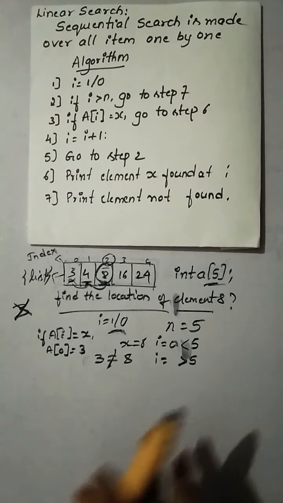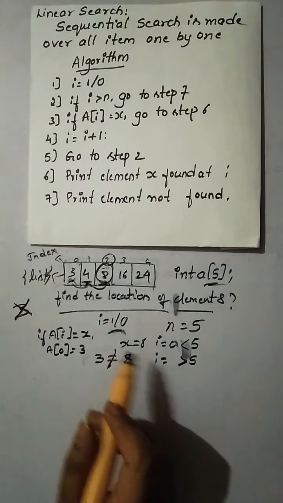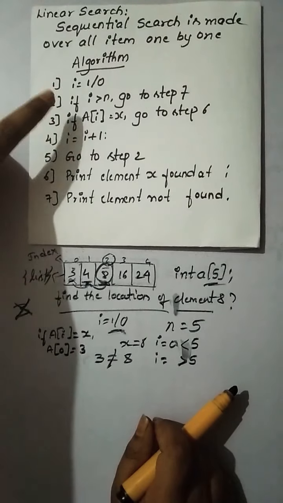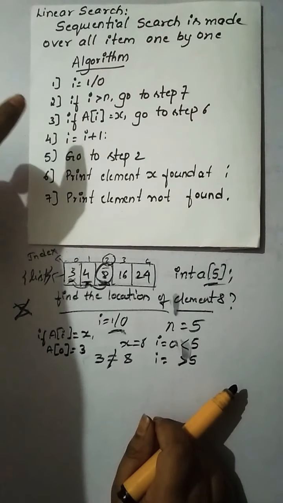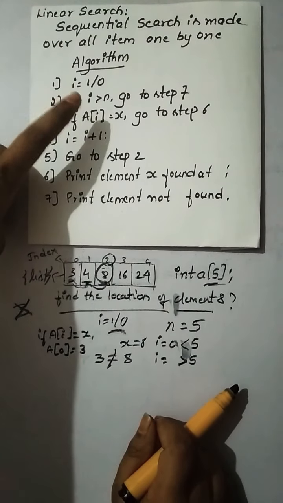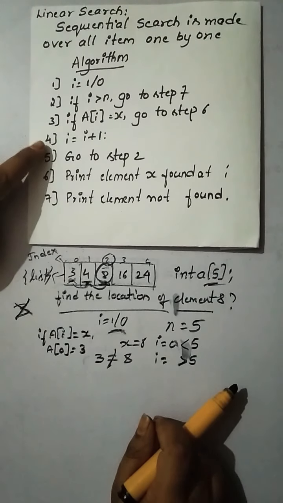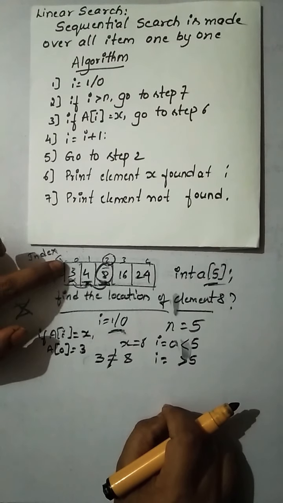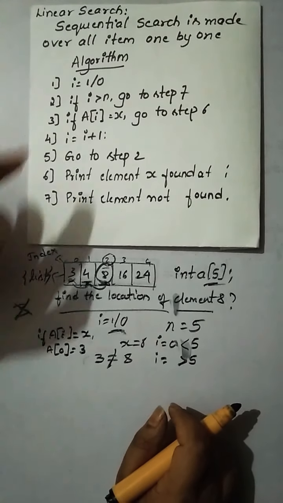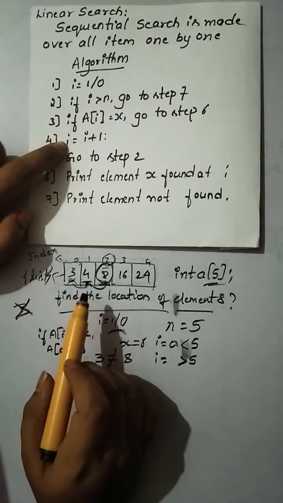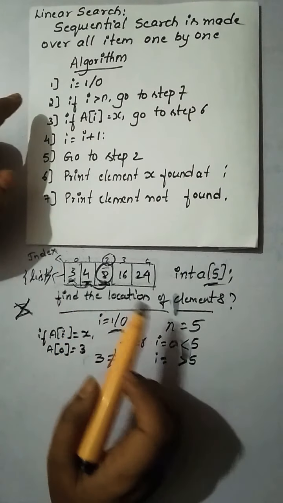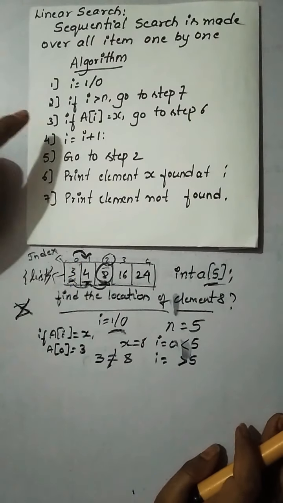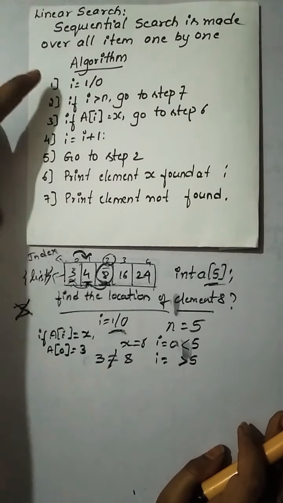Next we come to step 4: if A of I is equal to x, go to step 6. It is not equal, so we go to the next step, I is equal to I plus 1. 0 plus 1 is 1. We move the cursor to the next element, and then go to step 2 again.